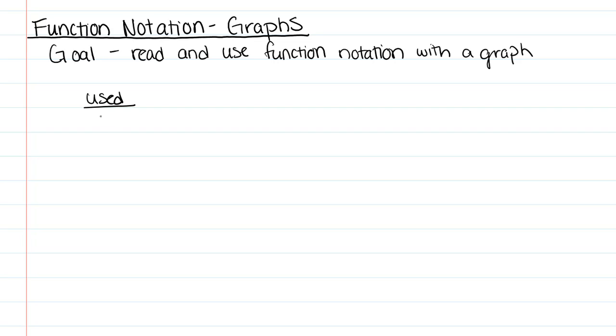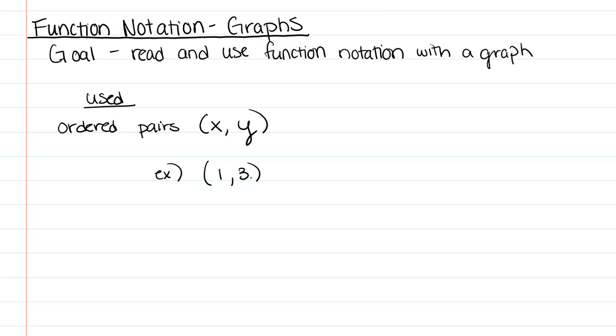So we're used to seeing points on a graph or ordered pairs looking like this, written x comma y. So for example, we might see an ordered pair as 1 comma 3. Now what we're going to see with function notation means the same thing, we just write it a little bit differently.